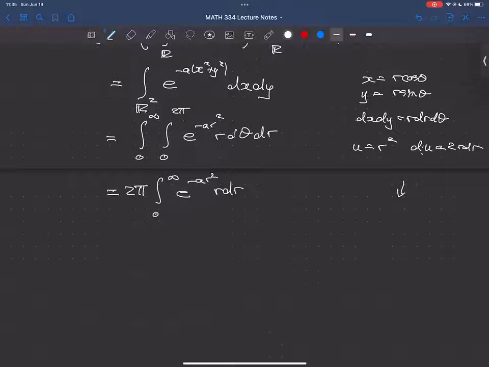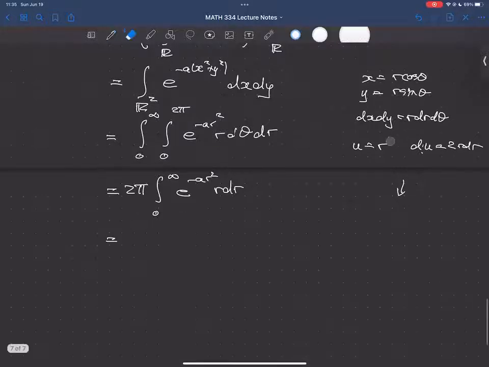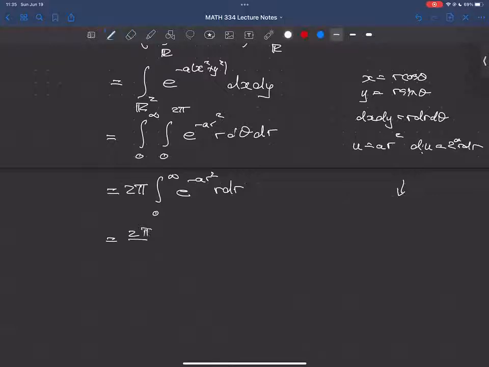Okay, so then now I'm going to use the change of variable. So sorry, let u be a r squared. So du is 2a r dr. So I'm going to get an a that's going to come out, now being in the denominator. So 2 pi over a, integral from 0 to infinity, e to the minus u du.